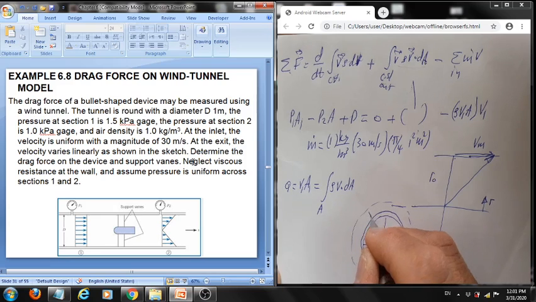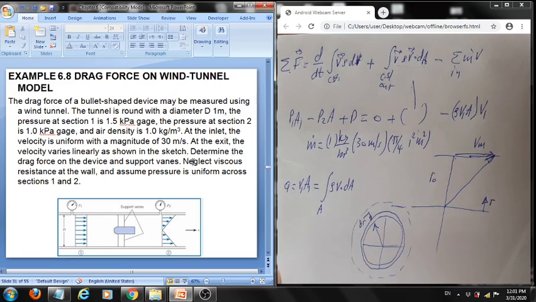Now the thickness of this one is dr. So the area associated with this ring, dA, is basically the perimeter, which is 2 pi r, multiplied by dr. That's one thing.